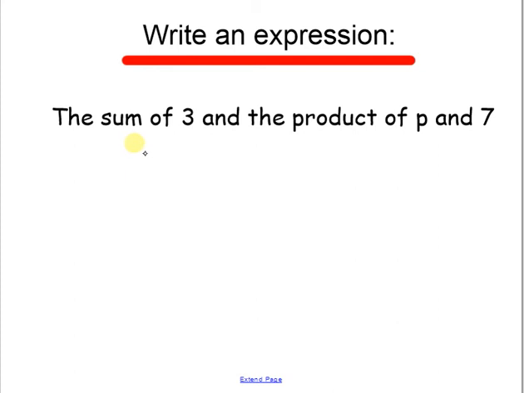The sum of, that's plus, 3 and the product, so product is times, of p and 7. So the sum of 3 and the product of p and 7. This is a tricky one. So this is saying it wants 3 plus the product of p and 7.